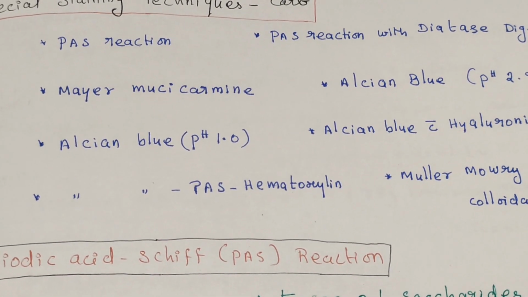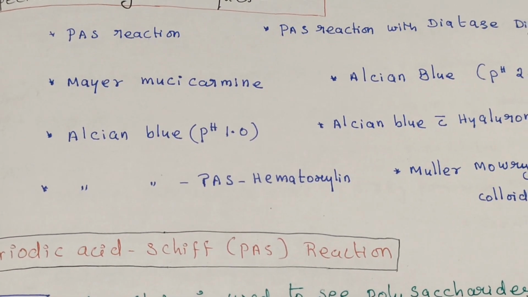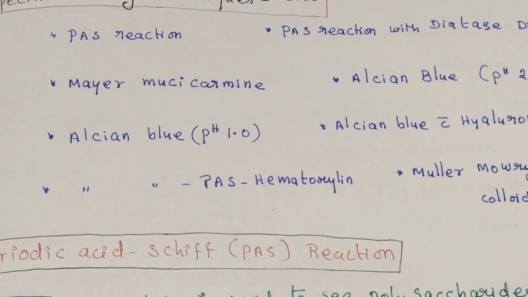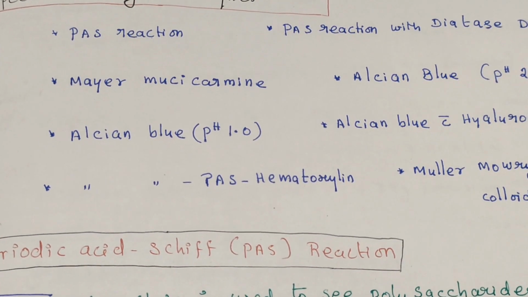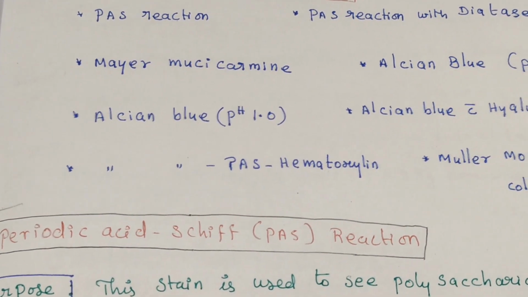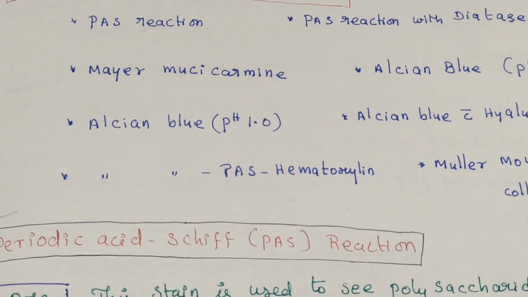When using this stain, we need to ensure that we have a quality control sample alongside to ensure the stain is working properly. So each stain is going to have a required quality control tissue type.